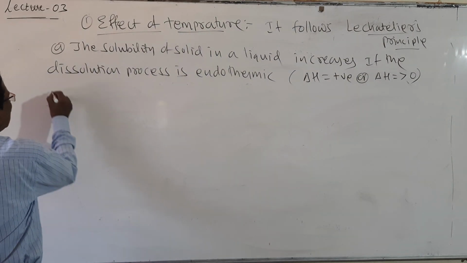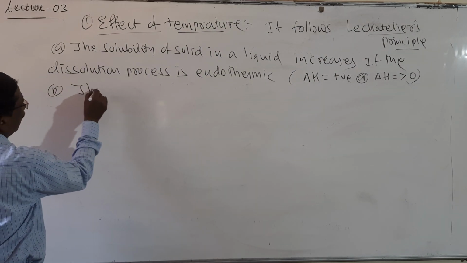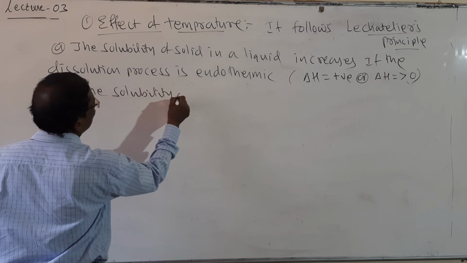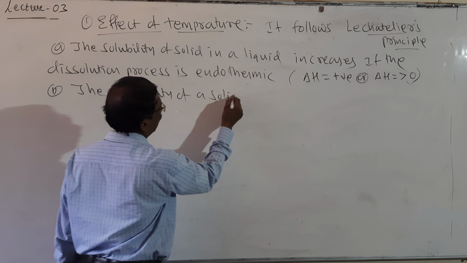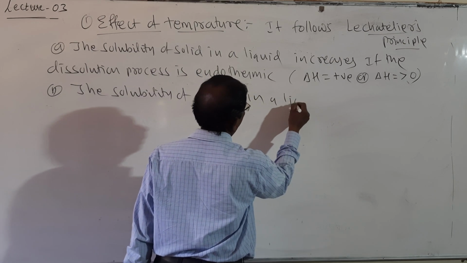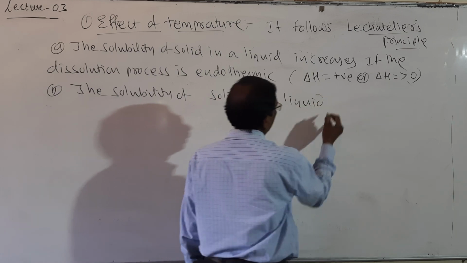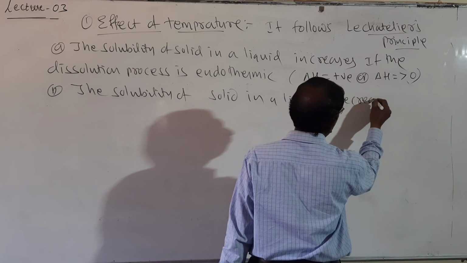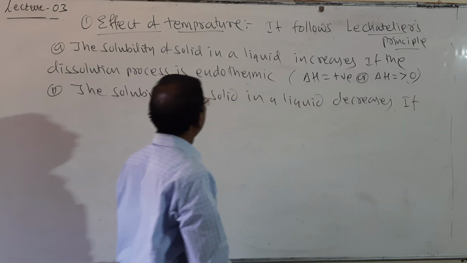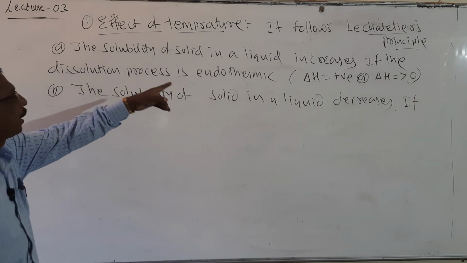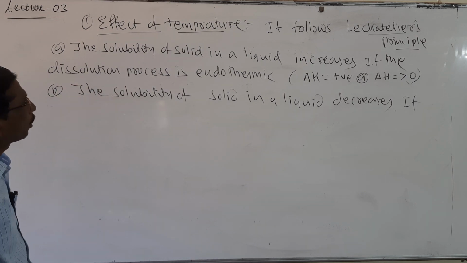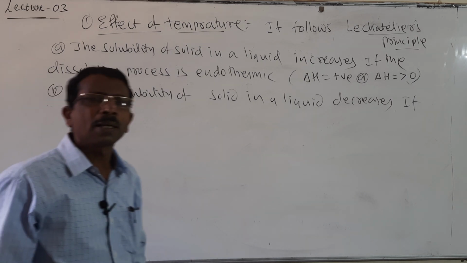And here the second part: the solubility of a solid in a liquid decreases. So the solubility of a solid in a liquid increases if the dissolution process is endothermic when the temperature is increased.